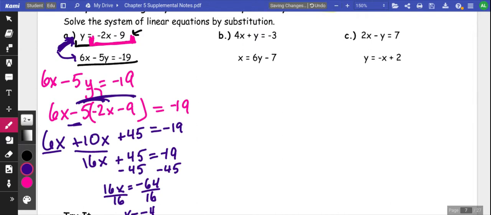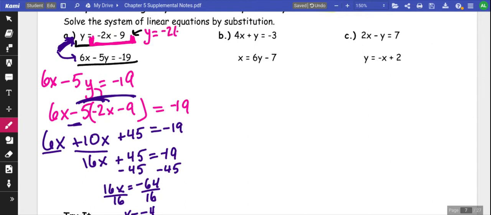So I'm going to plug this negative 4 into this equation to solve for y. So y is equal to negative 2 times negative 4, that's getting plugged in for x, minus 9. All right, so y is equal to negative 2 times negative 4, that's positive 8 minus 9, which gets me negative 1. So there's the second half of my answer.